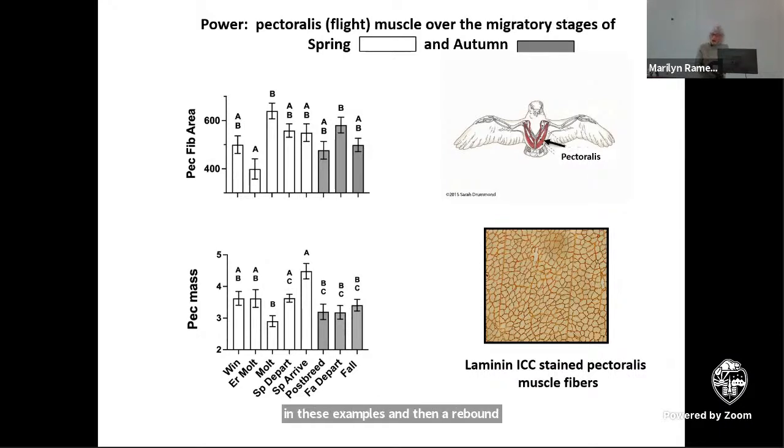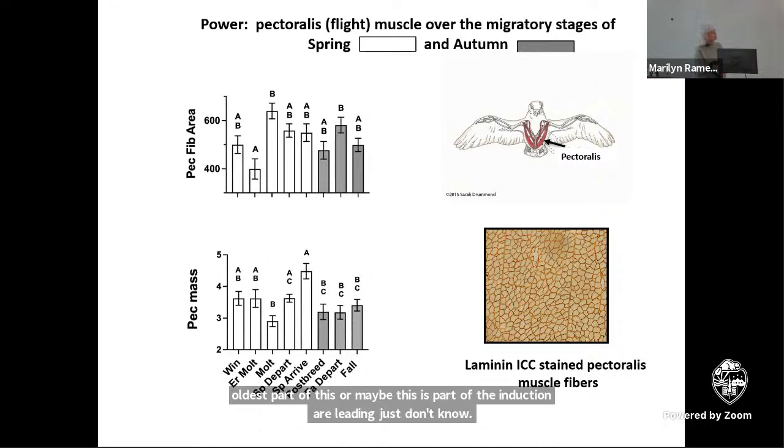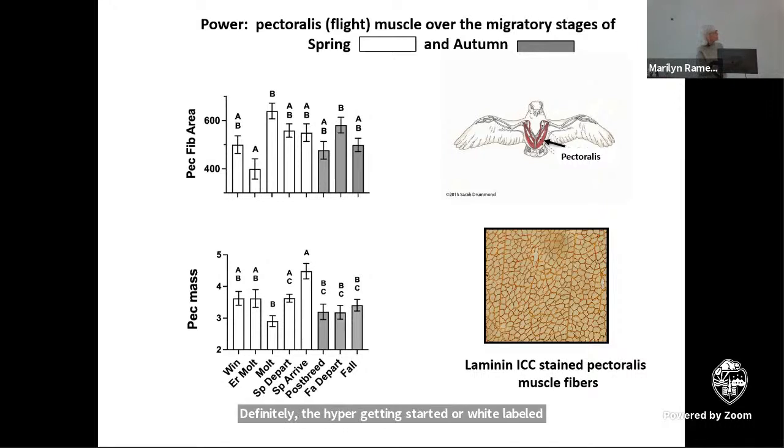I can't tell you why. It's interesting. We're thinking that maybe the energy required for initiating molt is part of this, or maybe this is part of the whole photo induction, or maybe we just don't know. But definitely the hypertrophy is starting for white-crowns in late molt, and then it's sustained throughout.